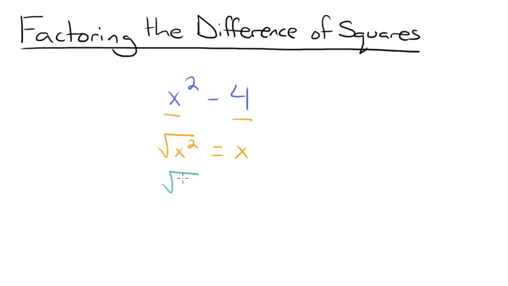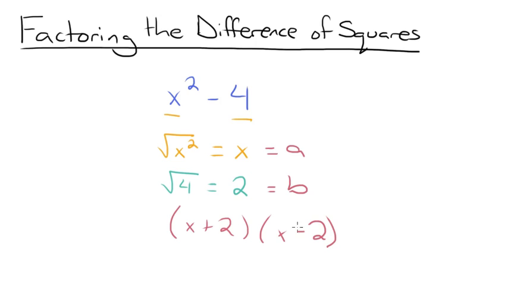And then the square root of 4 is equal to 2. Remember, a difference of squares binomial factors to (a plus b) times (a minus b), and in this case, x is equal to a and 2 is equal to b. So it's going to factor to (x plus 2) times (x minus 2). If you wanted to check your answer, you can always FOIL it and see if you get the original expression.